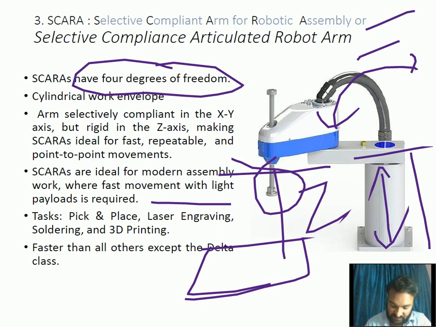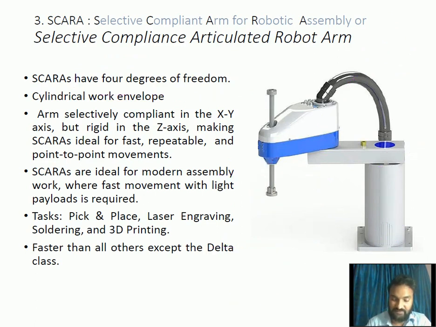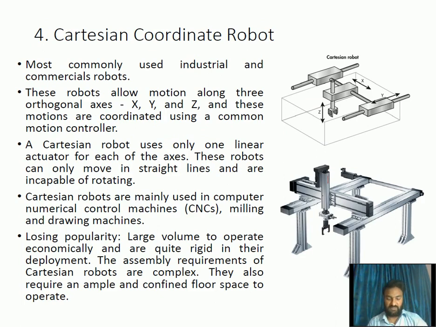It is faster than the rest of the three but slower than the Delta robot. Delta robot we will see in coming slides. Again this one is the Cartesian coordinate robot, so it utilizes a cubical work envelope. Not exactly cubical, this type of work envelope we can use.